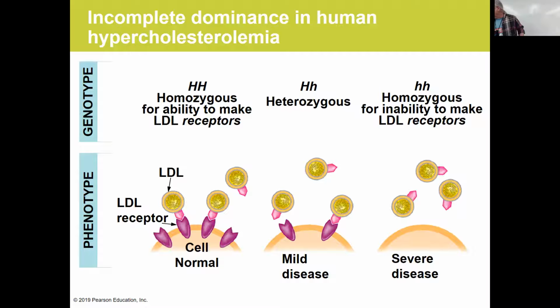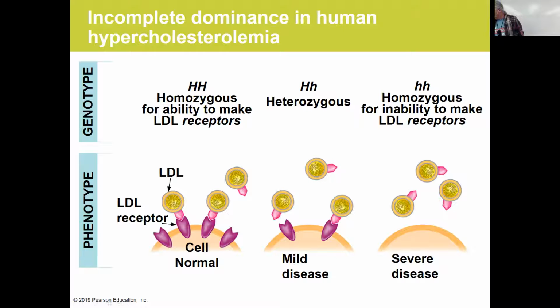If you're big H, homozygous for the ability to make LDL receptors, your cholesterol is normal. Small h, homozygous for the inability to make LDL receptors: you don't have any LDL receptors. Severe disease, heart attack when you're a toddler. But if you're big H, small h, heterozygous, you have half the number of LDL receptors as normal. Therefore, your LDL cholesterol is twice what is normal, and you're at high risk for having a heart attack in middle age.